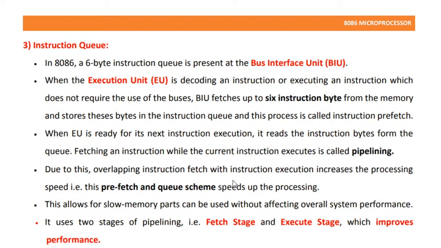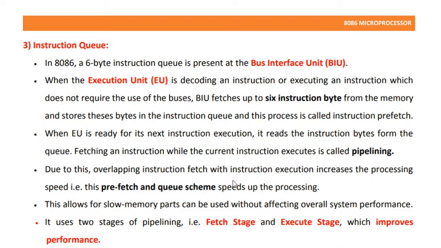This implies 8086 microprocessor's bus interface unit can prefetch a sequence of 6 bytes and store it in the instruction queue. Subsequently, the execution unit can take the instruction byte from the instruction queue and perform the necessary operation.